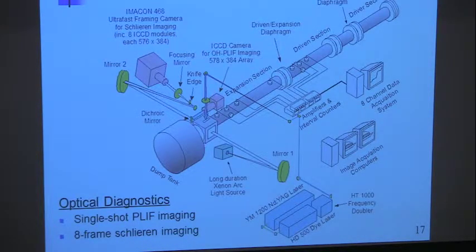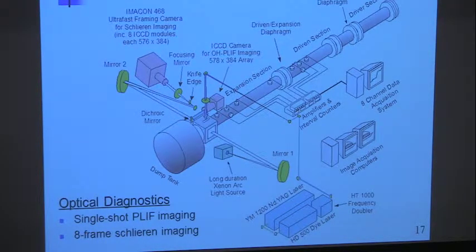There are different ways of doing this, but the conventional way would be to get to Mach 6, you have to have really hot air, and you have to expand it. I showed you the example from NASA Langley. So you have to heat the air and compress the air and expand the air, have it flowing at high speed into the scramjet combustor.